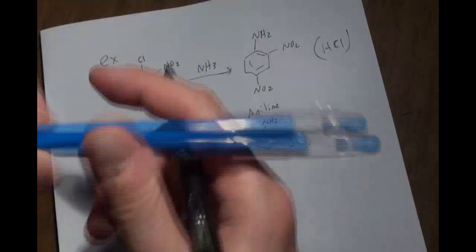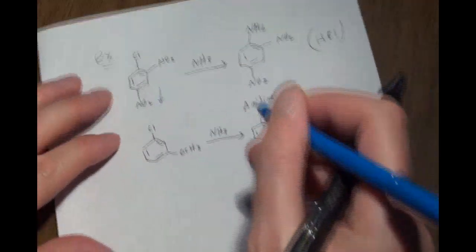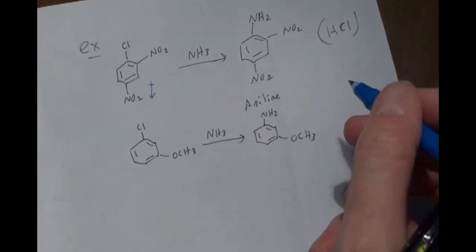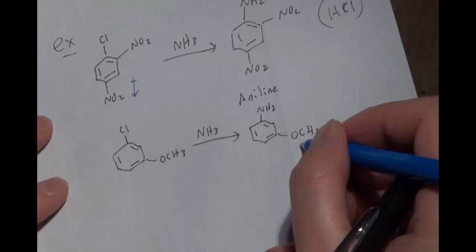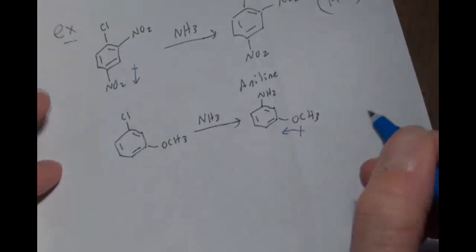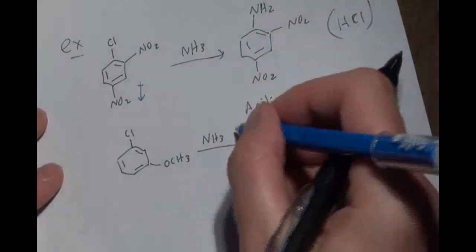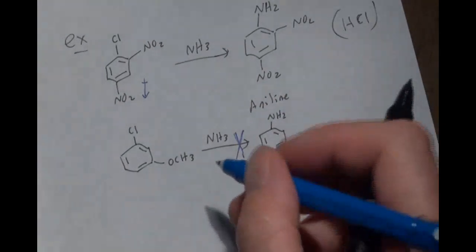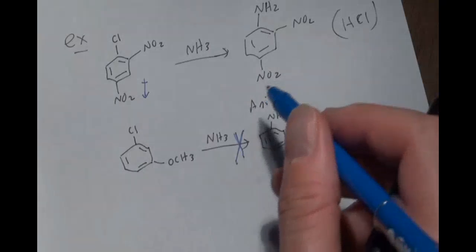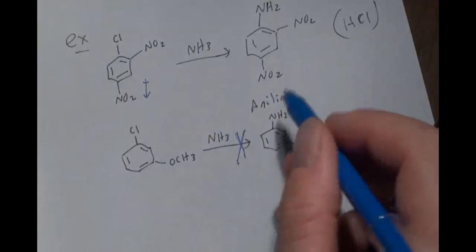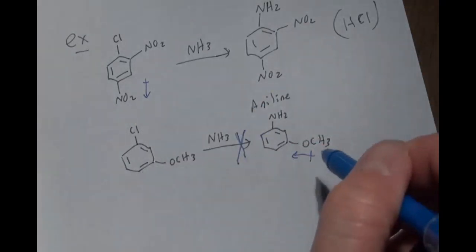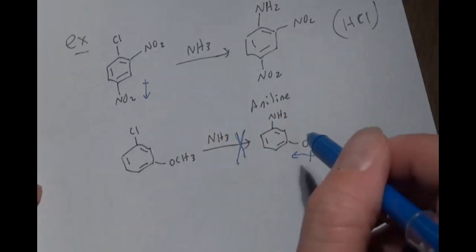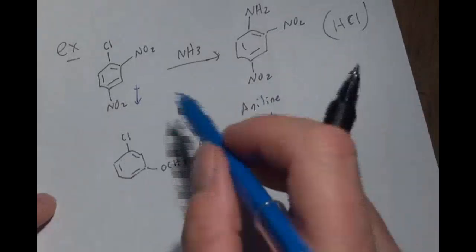Well, while the nitros are pulling electron density away from the benzene, methoxy is actually an electron donating group, so it's pushing electron density into the ring, and for that reason this doesn't work. Big X. So you need an electron withdrawing group. Nitros are good, maybe CF3 or sulfonic acids, maybe carbonyls, ketones, aldehydes. Those might work. Nitro is very common though for this.